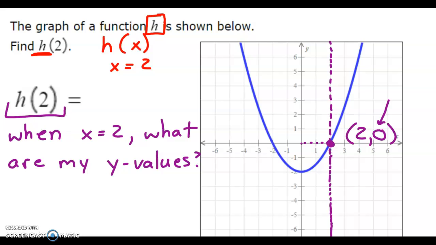So h of 2 is equal to 0 in terms of that blue graph. So the only spot that has an x value of 2 on this graph is when y equals 0, right at that x-axis. Do we see where that's happening? How that 0 comes to be?